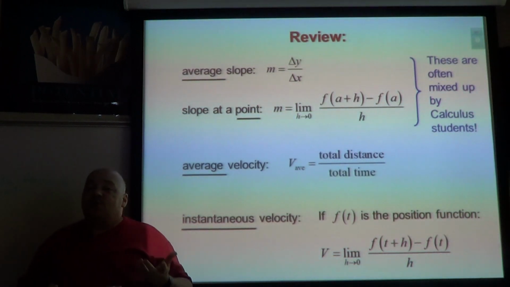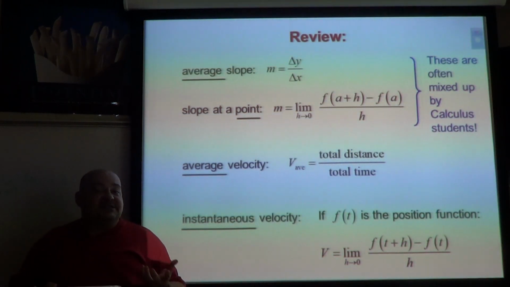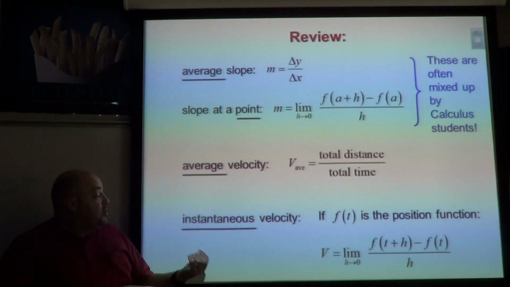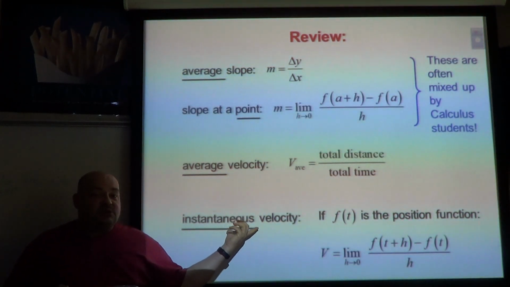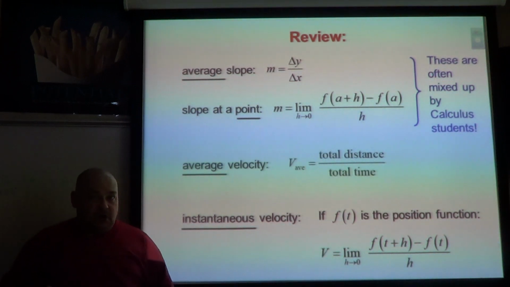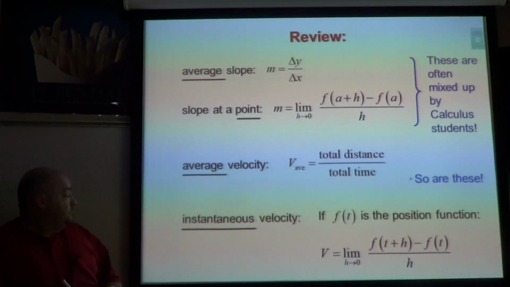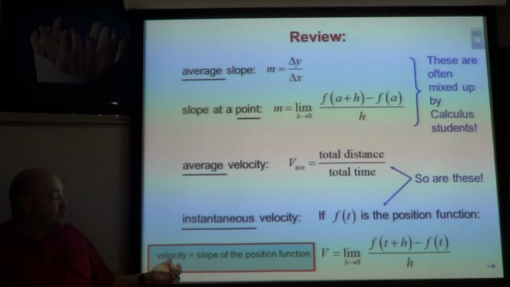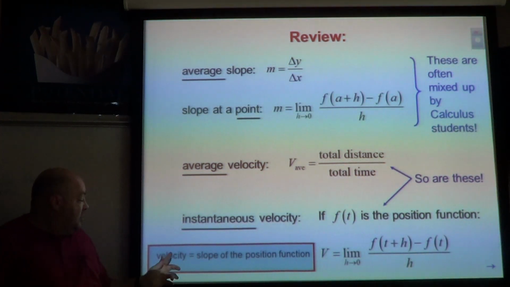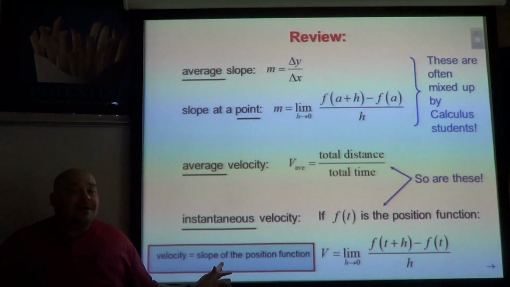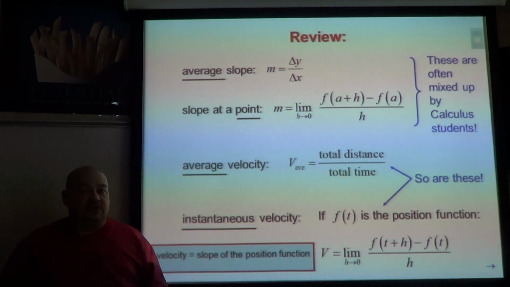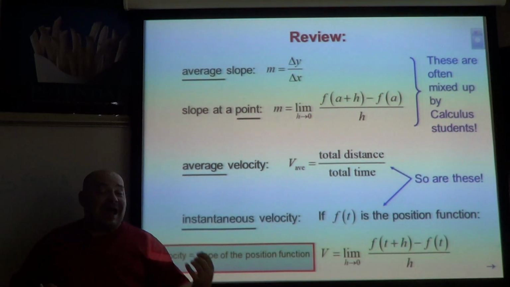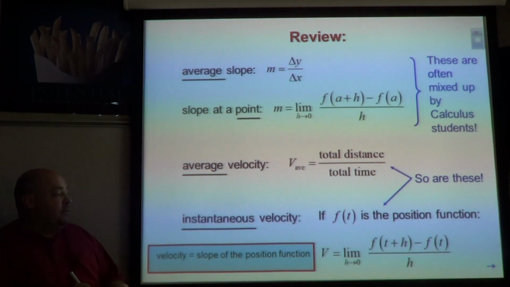So instantaneous velocity is a rate of change. It's the rate of change of the position. So if we're looking for any type of instantaneous rate of change, that's the equation we're going to use. And just remember, graphically, the velocity is nothing more than the slope of the position function. We'll talk more about that when we get into derivatives and applications of derivatives in the coming chapters.